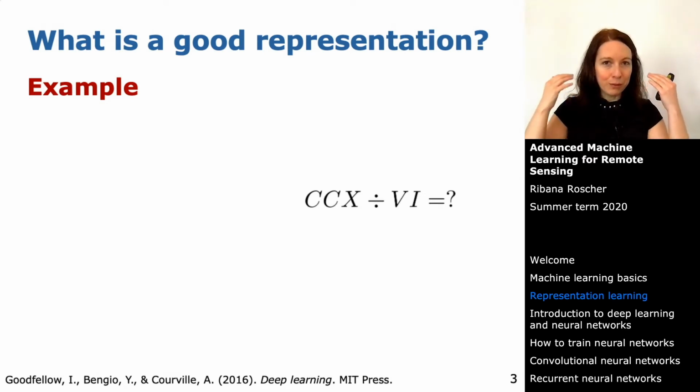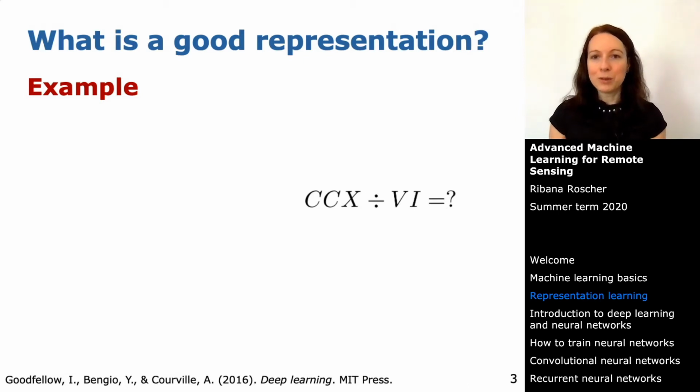When you think about what you do in your head at the moment, it is not that you immediately start to calculate. What you do is you think about what is this C, what is this X, what number was it? You think back to when you were in school and when you learned these numbers.